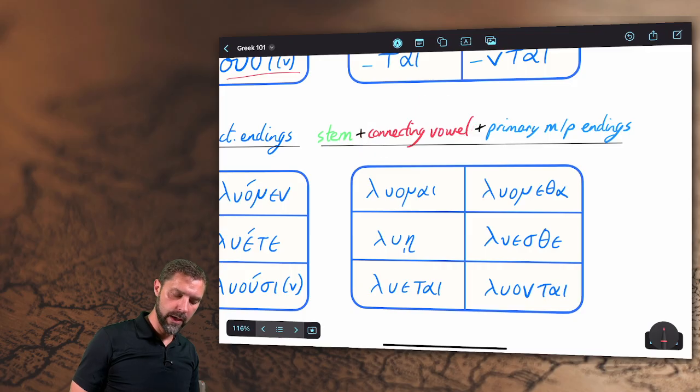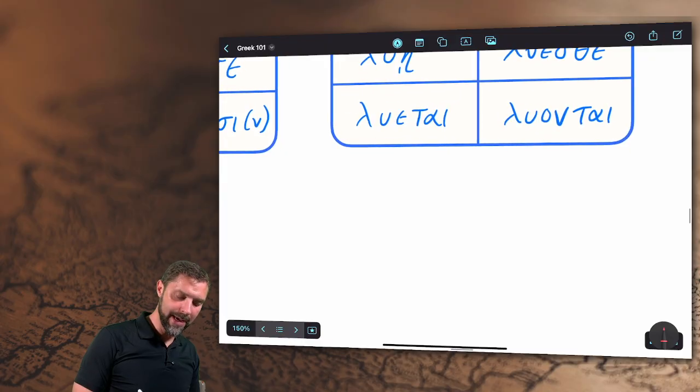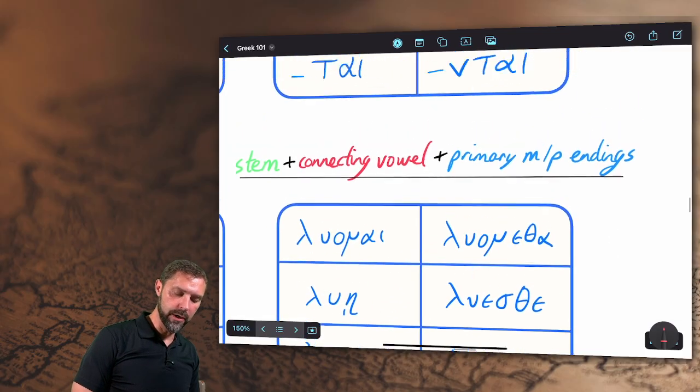Okay, how I do the connecting vowels is that any of the endings that begins with a mu or a nu will use omicron connecting vowels. Let me write that out for you. If my ending, as in omai, ei, etai, ometha, esthe, ontai, if my ending begins with a mu or a nu, use an omicron. Okay, let's look at our chart of endings.